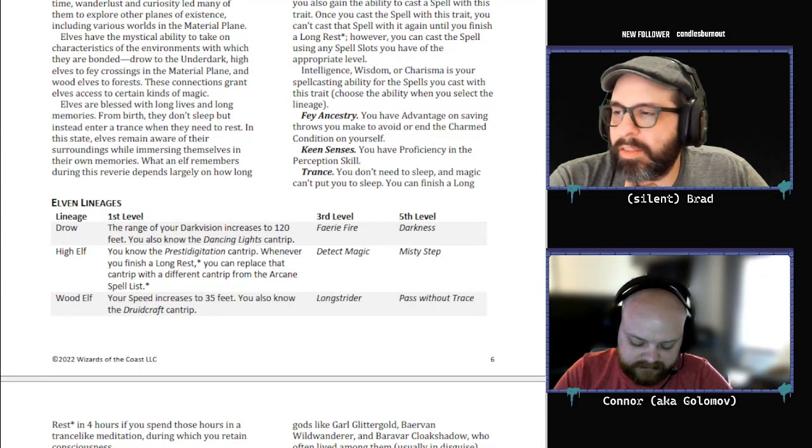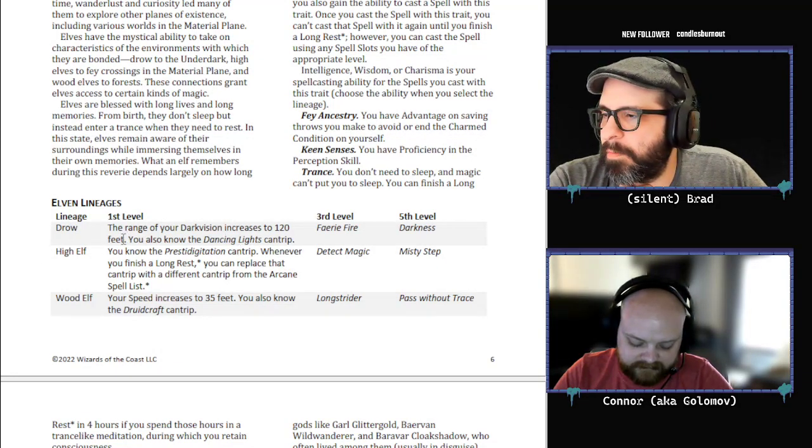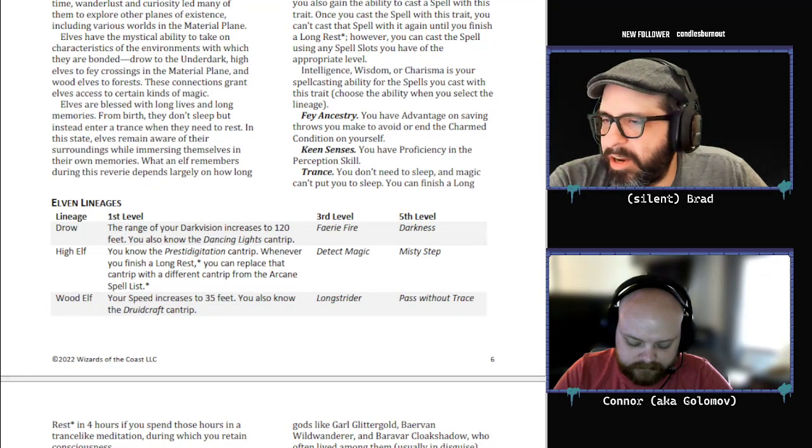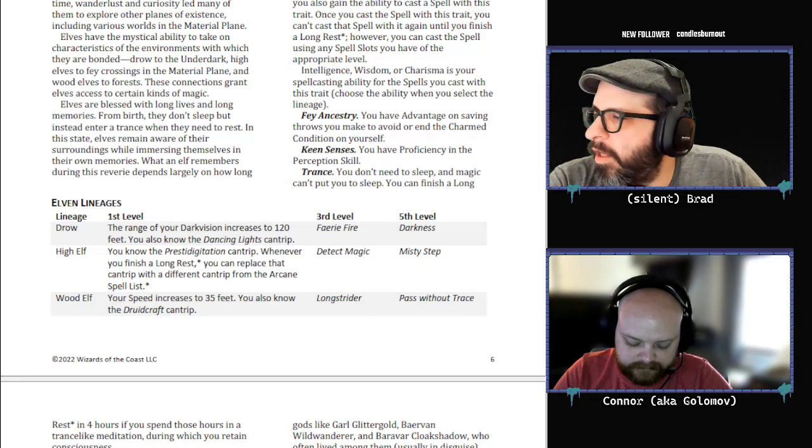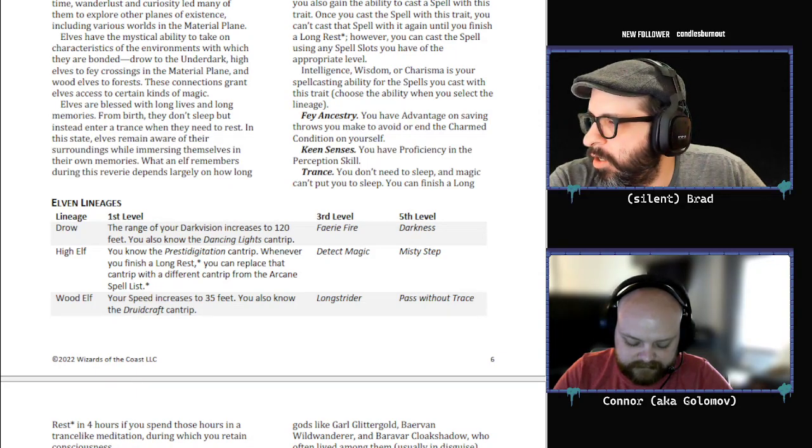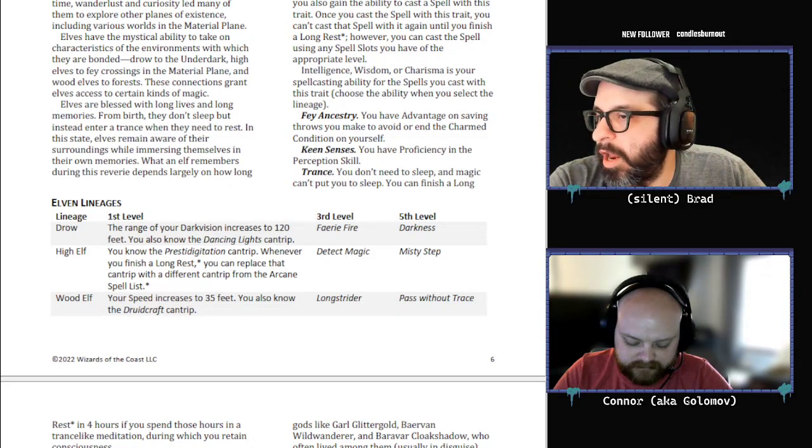So drow get the superior darkvision. No Dancing Lights, which they had. Faerie Fire and Darkness, which they had. Then the high elf. Let's see. They know Prestidigitation, which they did not have before. Same with Detect Magic and Misty Step.